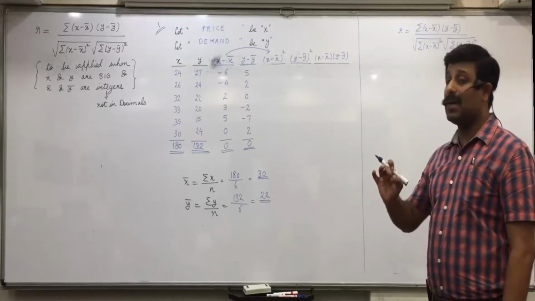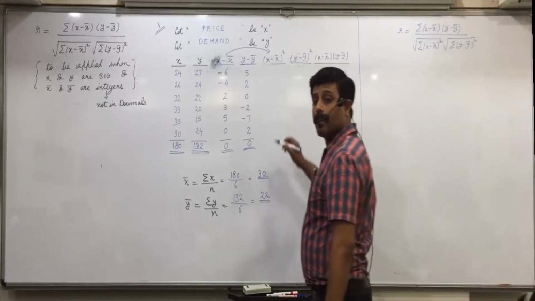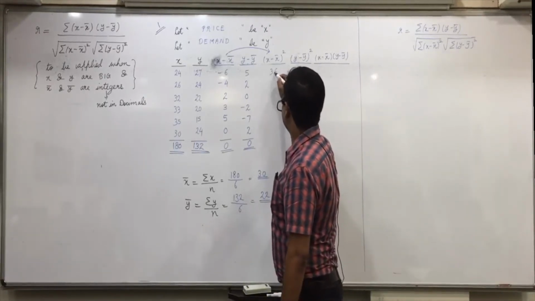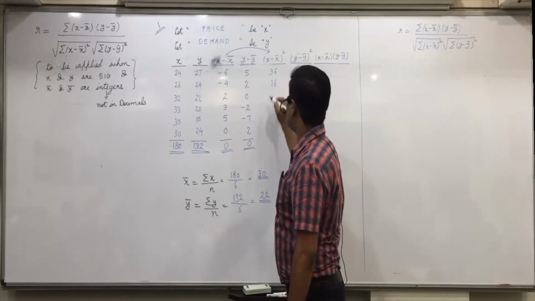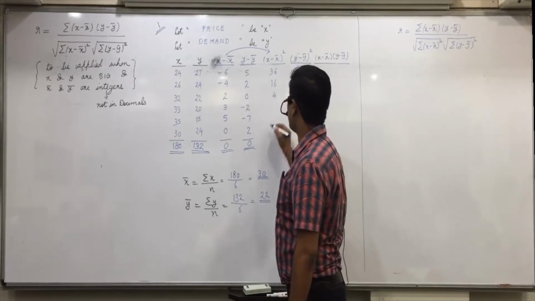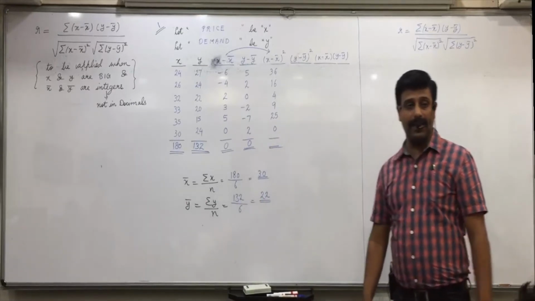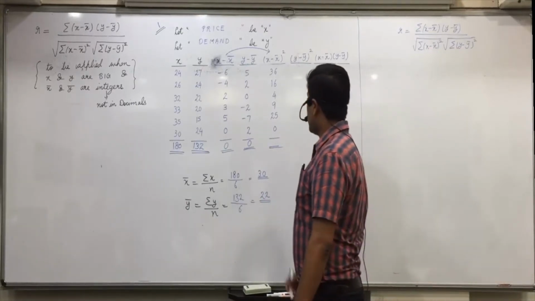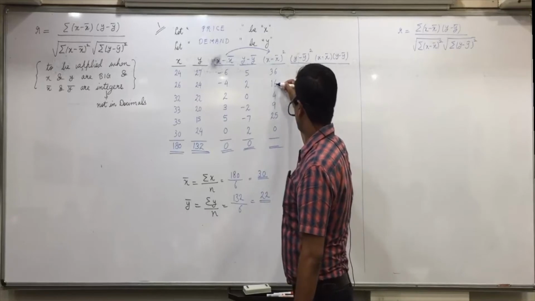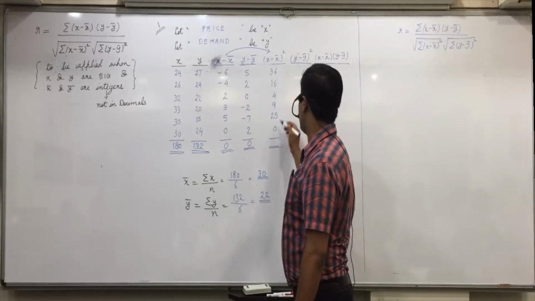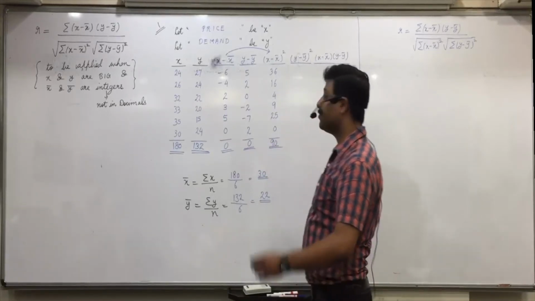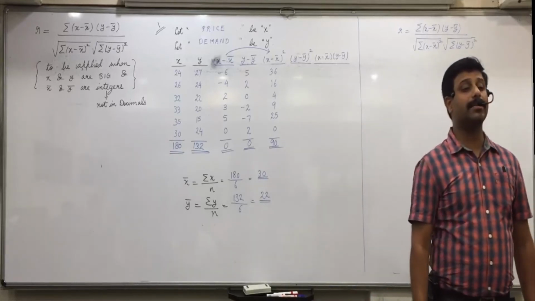Now, Kushali, x minus x bar whole square. 6 square 36. 4 square 16. 2 square 4. 3 square 9. 5 square 25. 0 square 0. Is everyone clear with this? What is the total? 36, 52, 56, 65 and 25, 90. All are clear with it?